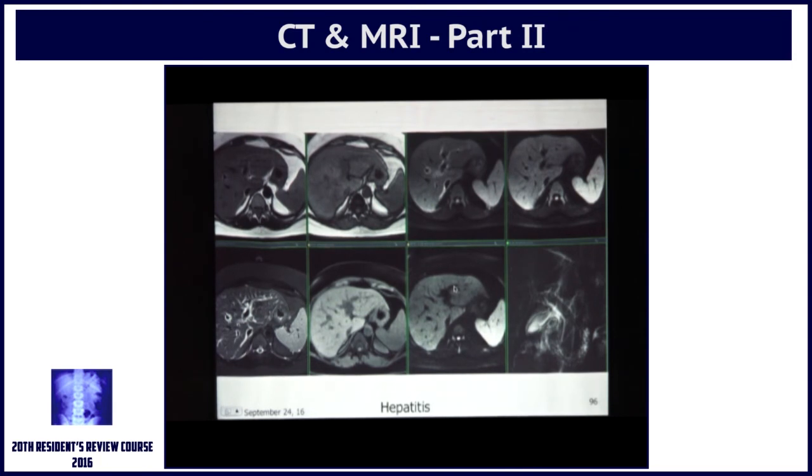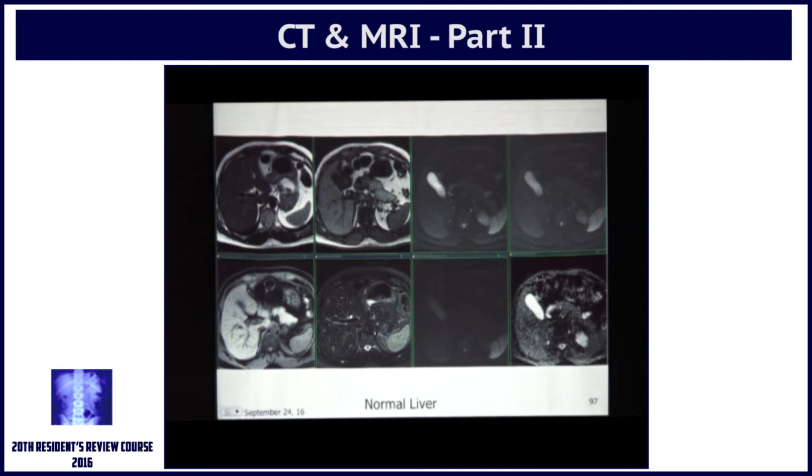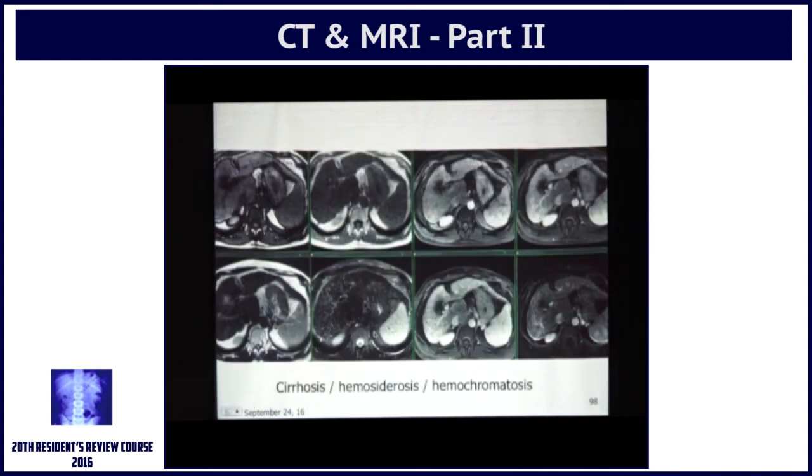Normally, any normal structure will show a suppression in signal as the B value is increased. So this is a normal liver. You can see that the liver becomes darker on the higher B values, and of course there is no periportal edema in this patient.